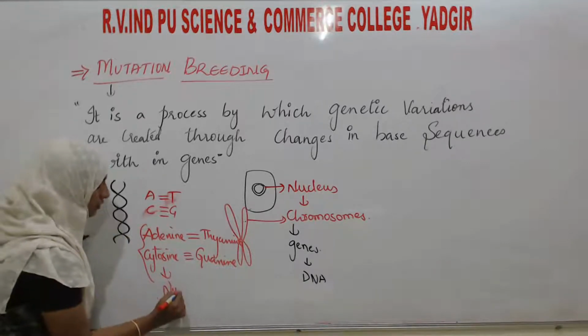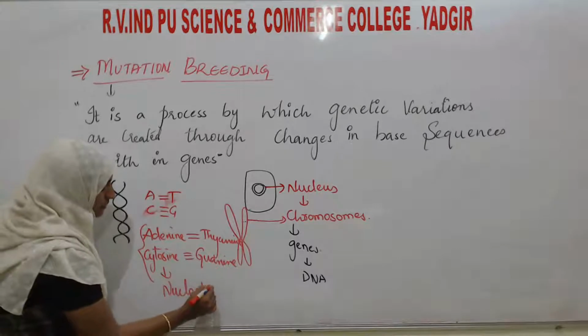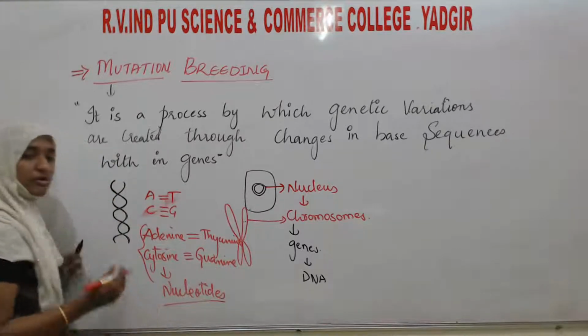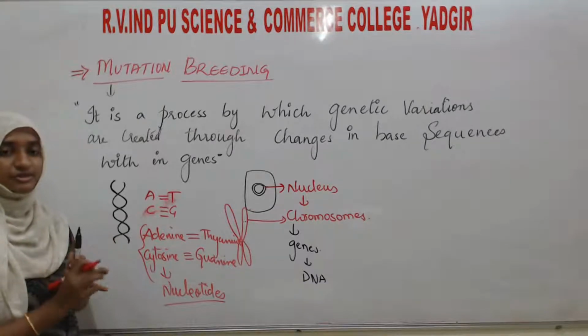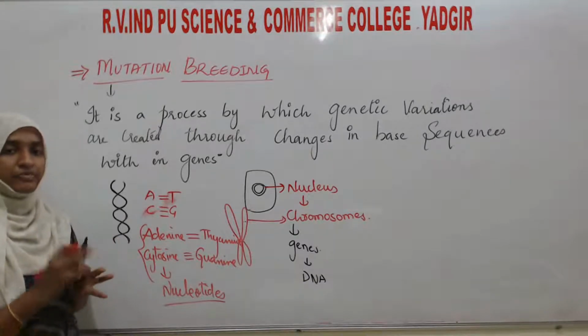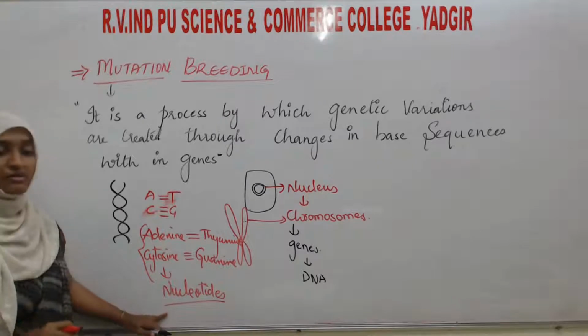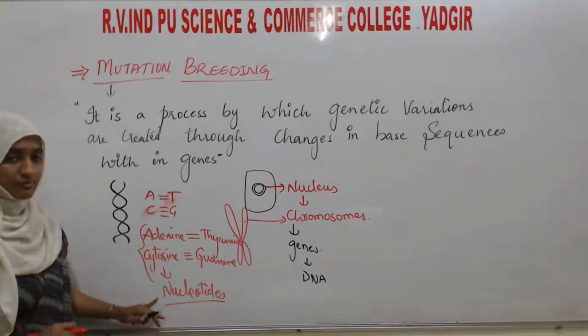These all are nucleotides. Nucleotides means the presence of nitrogen bases, the sugar and the phosphate. These three things form the nucleotides.